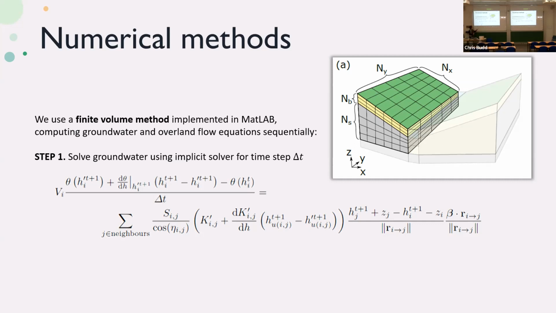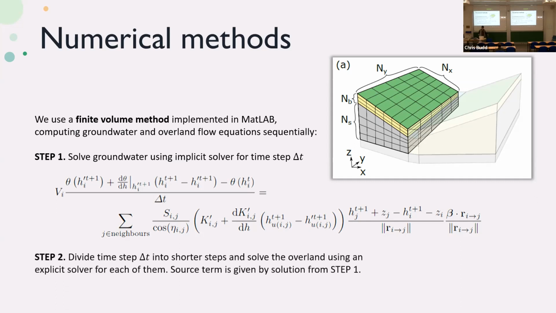In this way, I'm getting a linear system with respect to h, which I can solve using standard linear solvers, and I continue this procedure until I reach some more or less steady value, until the error is smaller than a given threshold.